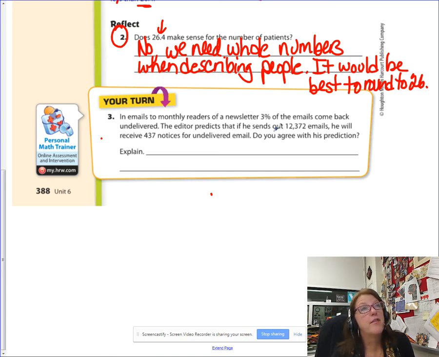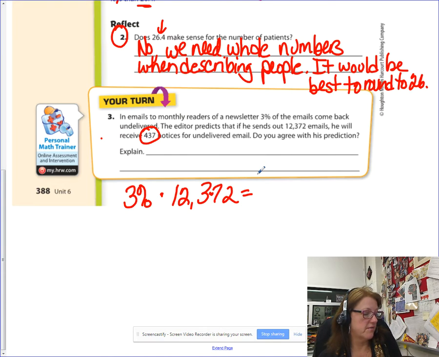All right, 3% of the emails. A total of, oh my goodness, 12,372 emails. Ignore my little blob there. Okay. He is predicting he's going to get 437.